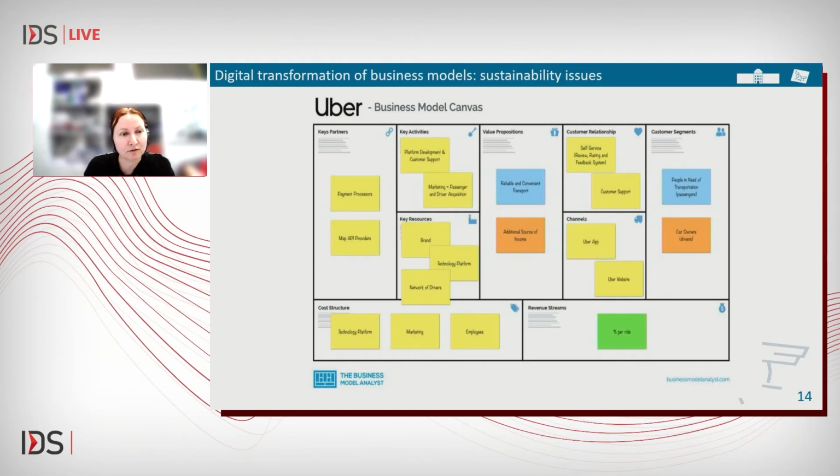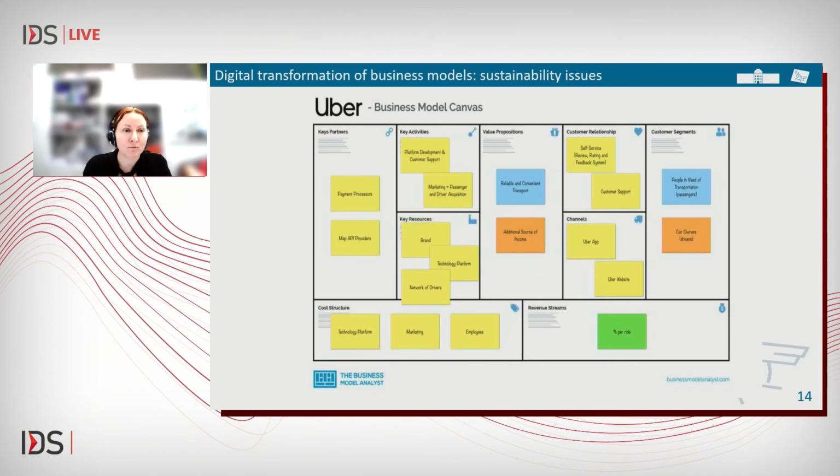Okay, if we go to the cost structure side, first Uber's key resources. Uber's key resource is the technology platform, which connects drivers and riders. The second one is brand, because brand is very important for all citizens to use these services, and also the network of drivers, all of the drivers which we have.